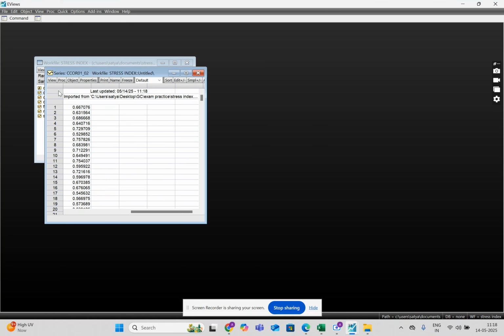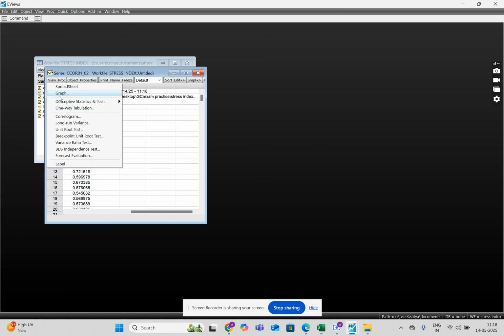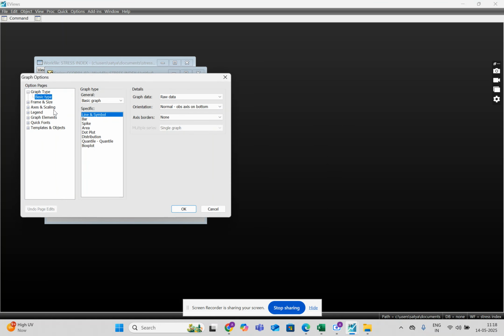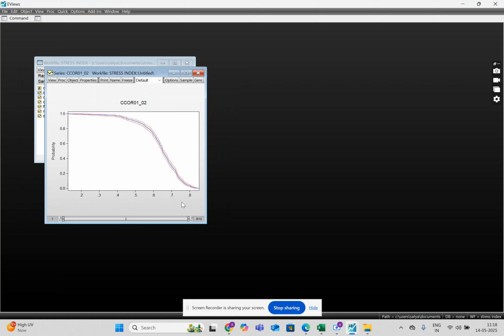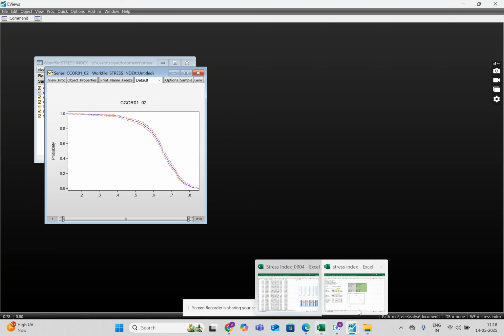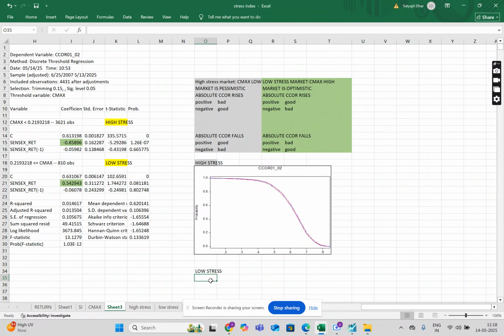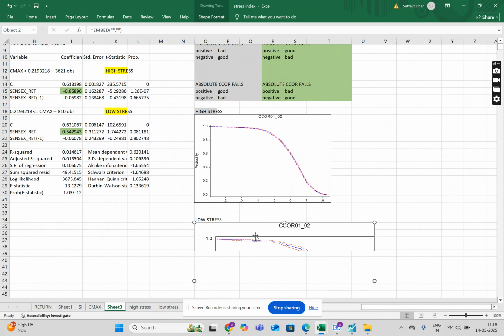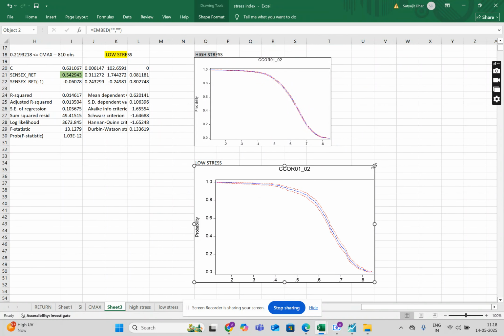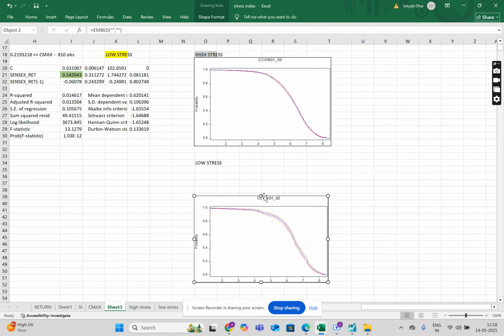So here we have the CCOR. Let's view it as graph. So we will go to distribution, and this will be an empirical survivor distribution. Okay. Now we can do our analysis.